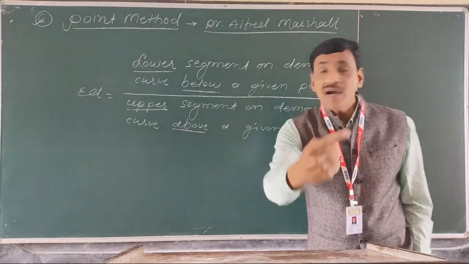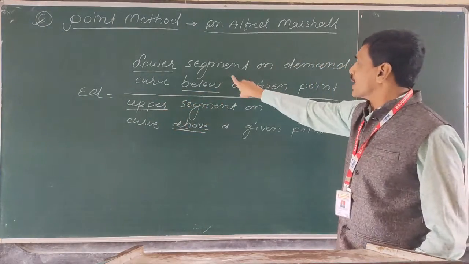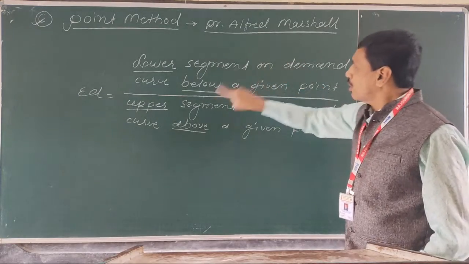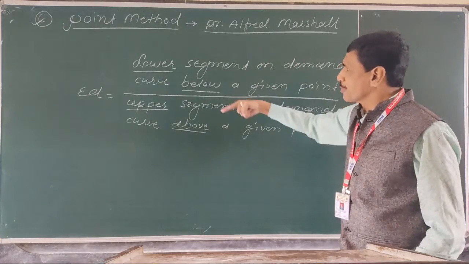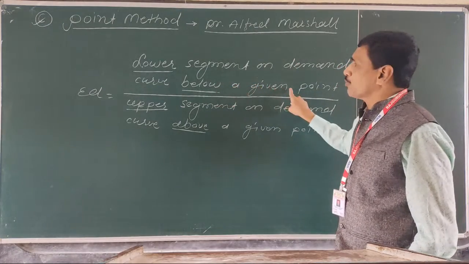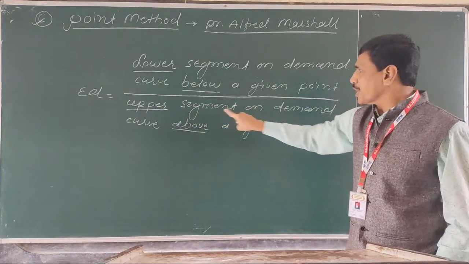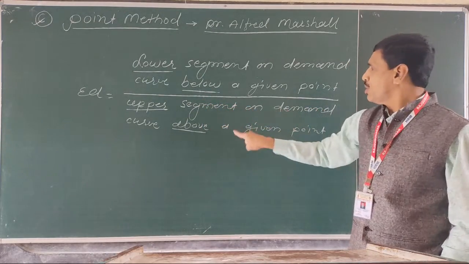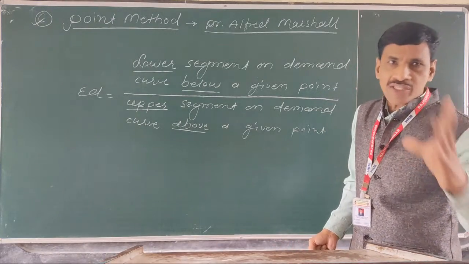What is the formula? ED is equal to the lower segment on the demand curve below a given point, divided by the upper segment on the demand curve above a given point. Can I explain that?